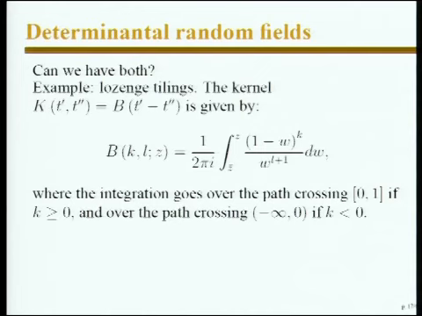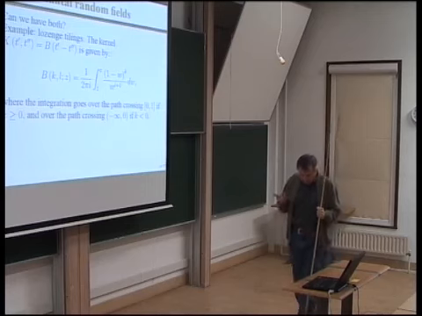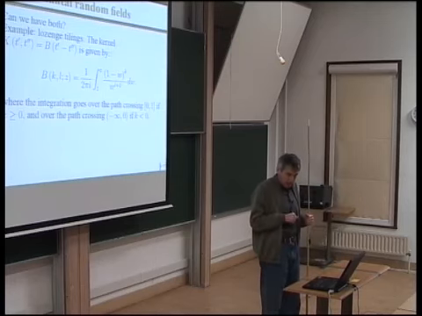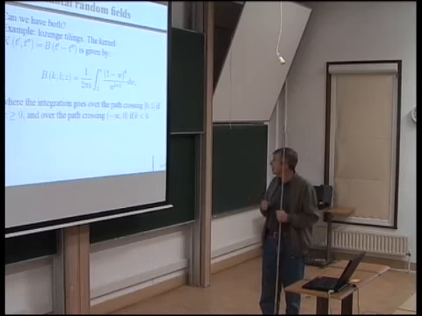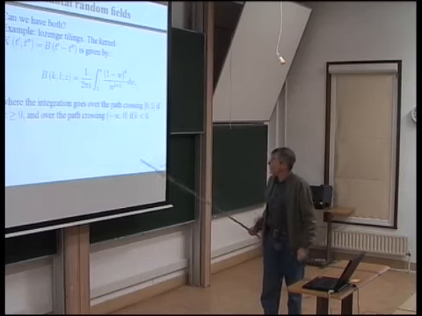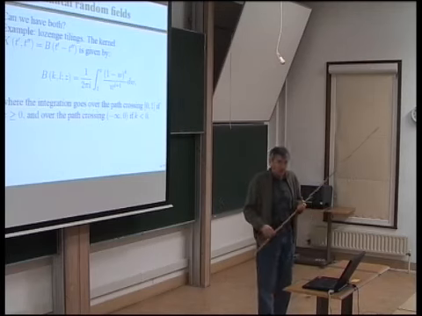On the other hand, it is also possible to write down a kernel which makes that random field into a determinantal random field. And here you see that kernel. As you see, this is a complex valued kernel.